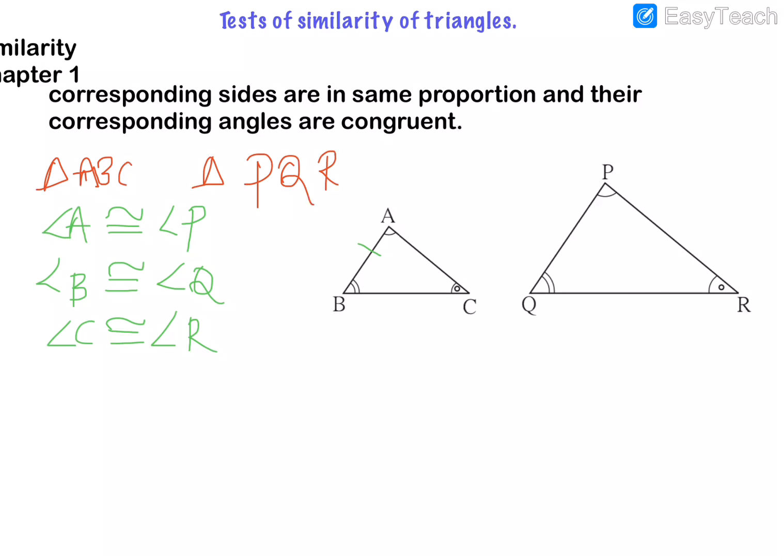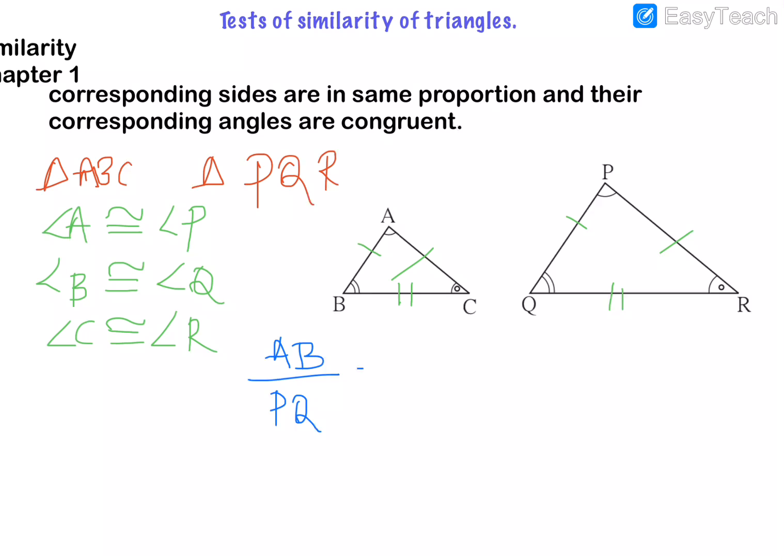AB corresponds to side PQ, BC corresponds to side QR, and AC corresponds to PR. We need to check the ratio of the sides of these triangles. AB is the side of the first triangle, and PQ is the side of the second triangle.